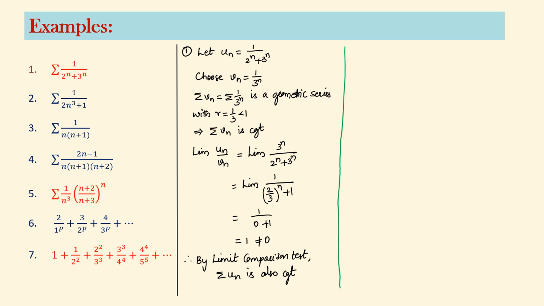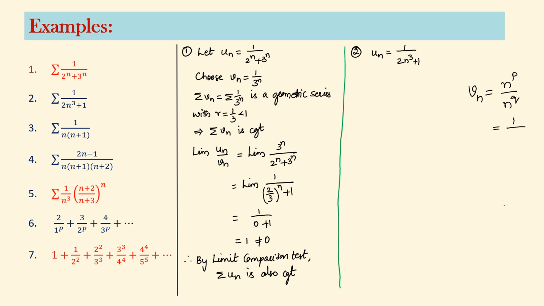From here onwards, we have to choose Vn. First, what is our Un? Un is equal to 1 by 2n cube plus 1. We have to choose Vn by taking the highest power in the numerator, let it be n power p, and the highest power of n in the denominator as n power q.